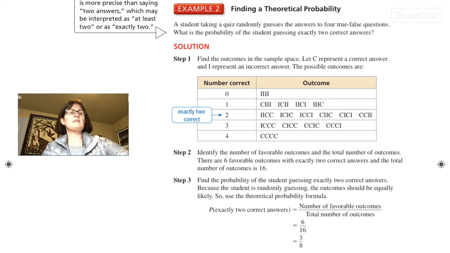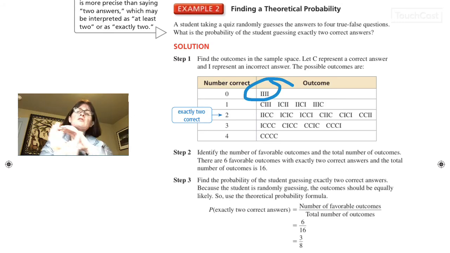So that's what's done in this table here. To get 0 correct, you'd have to guess incorrect, incorrect, incorrect, incorrect. That's what these 4 I's are. And if you're going to only guess 1 correct, that could be correct, followed by 3 incorrects, or incorrect, correct, and then 2 incorrects. So 4 different ways to have exactly 1 correct.